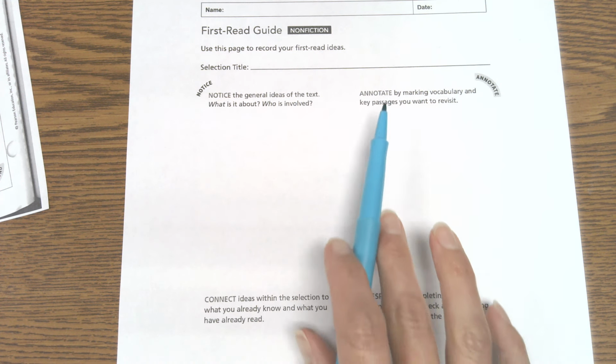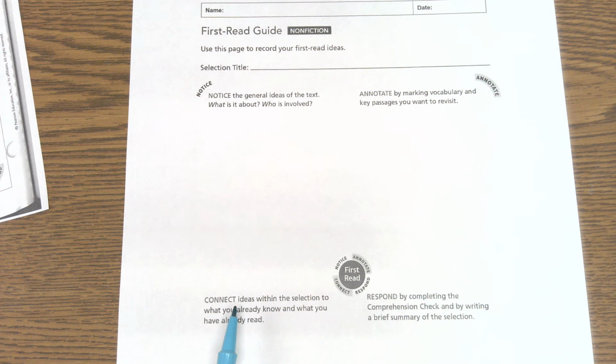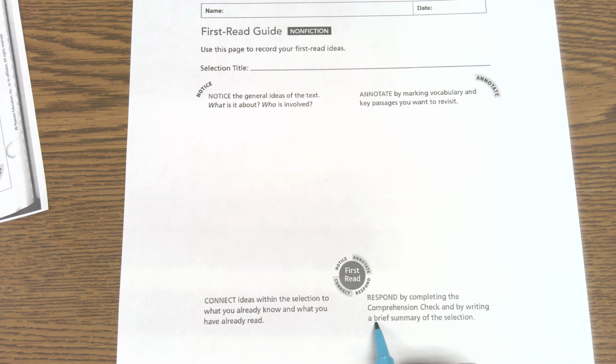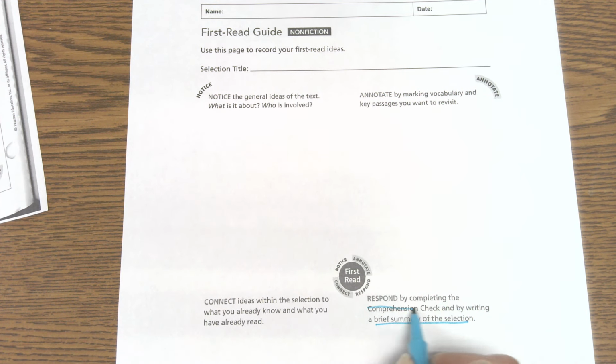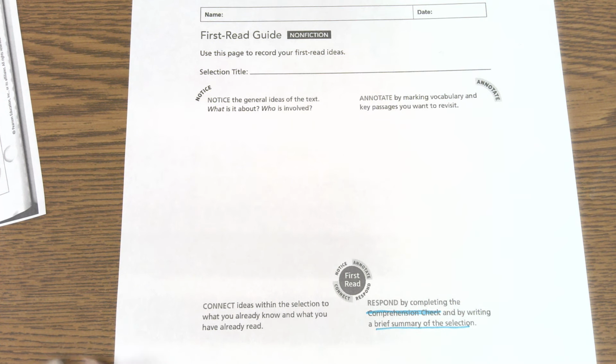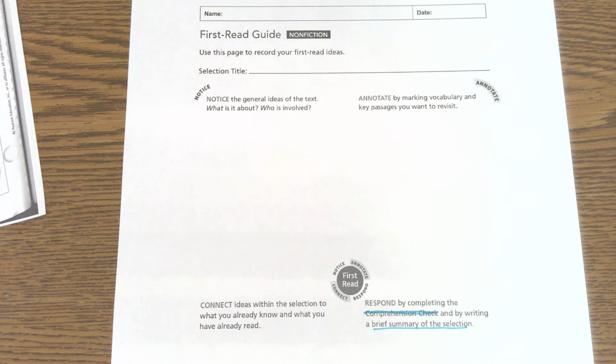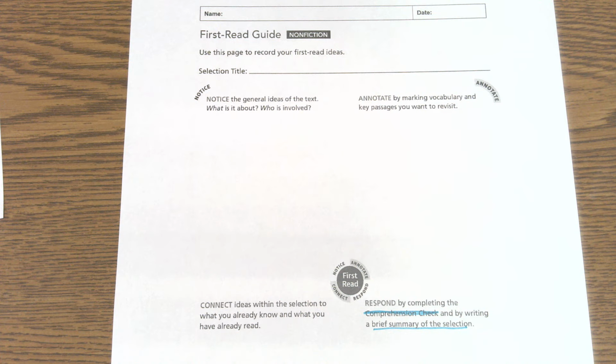So what do we notice? Annotating those key passages, what connections we're making. And here is where we have our brief summary of the selection. So we crossed out that comprehension check. So if you were sitting in class with me today, we crossed that comprehension check out or off because we weren't going to focus on that yet. We were really focusing on those annotations in our textbook.